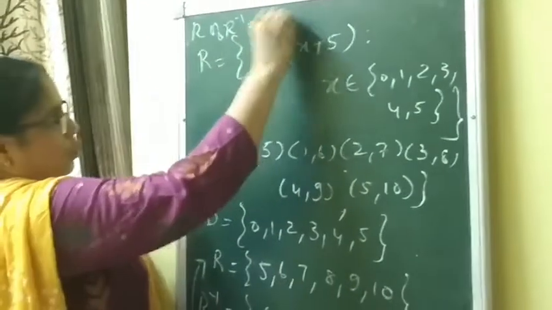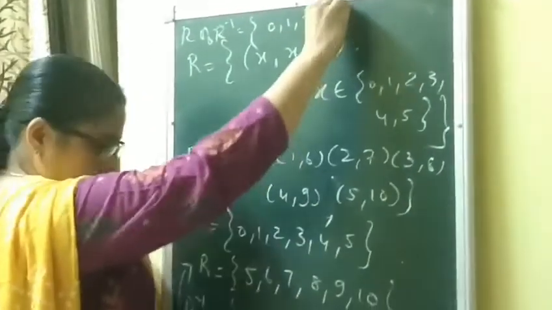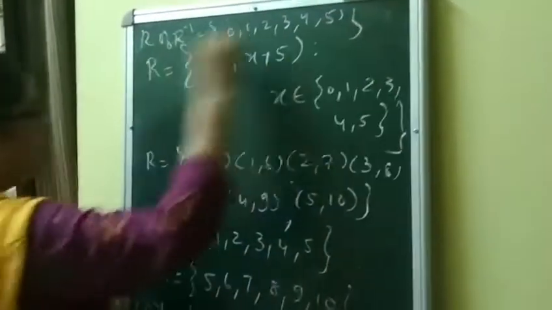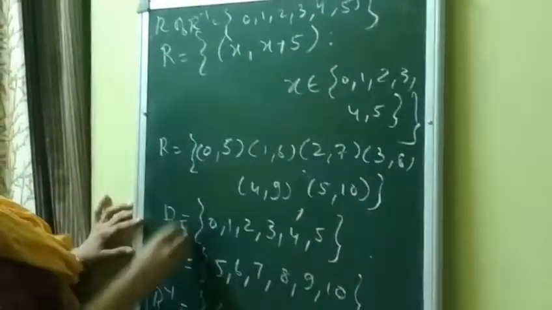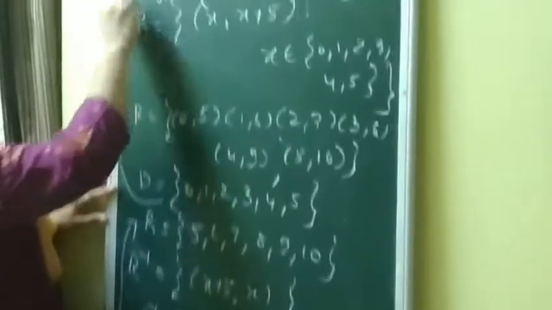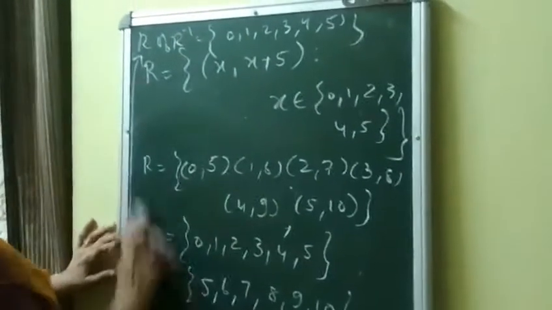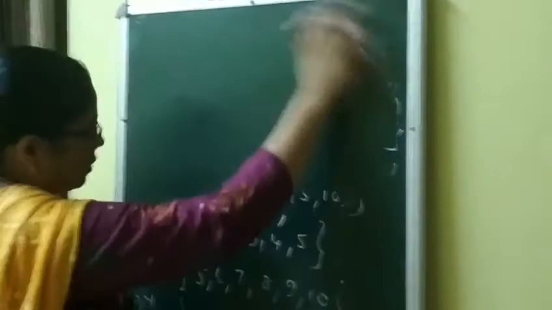Second: 0, 1, 2, 3, 4, 5. See, the range of R inverse is equal to the domain of R. In this way, you can find the direct relation as well as the inverse relation.